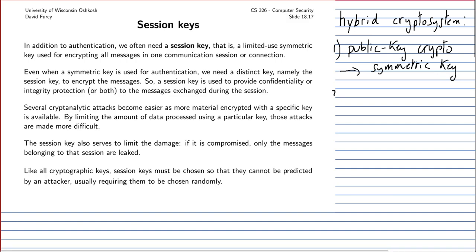And then in a second step, the parties will use the symmetric key, so they'll use symmetric crypto to encrypt all of their communication. So they're going to use symmetric crypto for confidentiality.